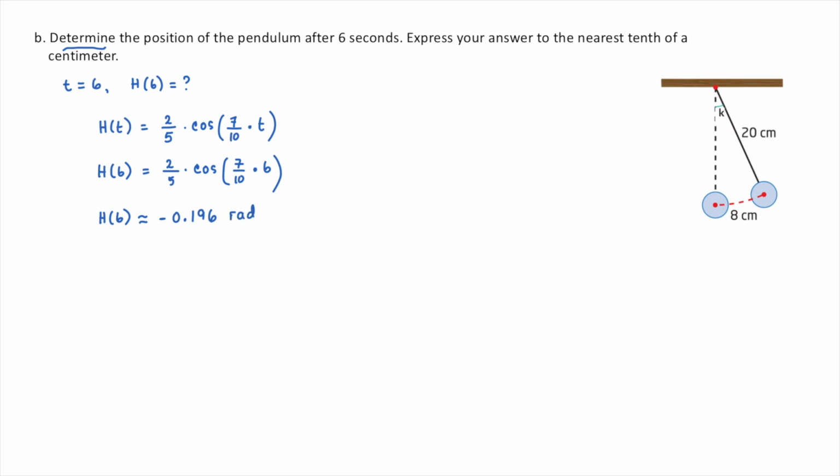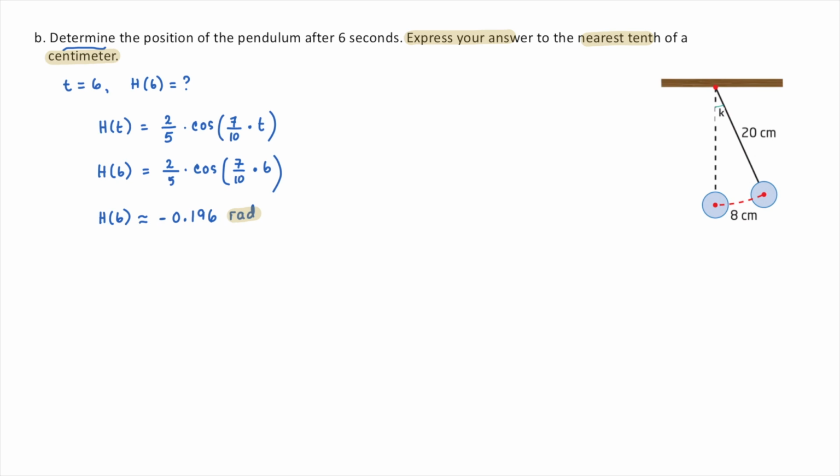However, notice this part right there. Let me even highlight it. This part right here is asking us to express the answer to the nearest tenth of a centimeter. Centimeters. They don't want radians. We're going to have to change that to centimeters.